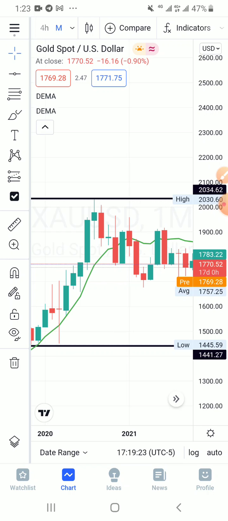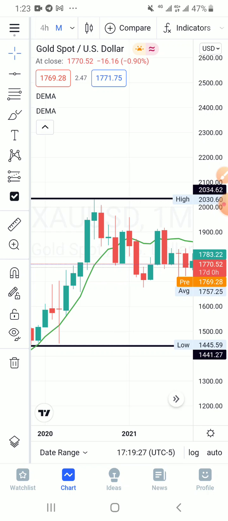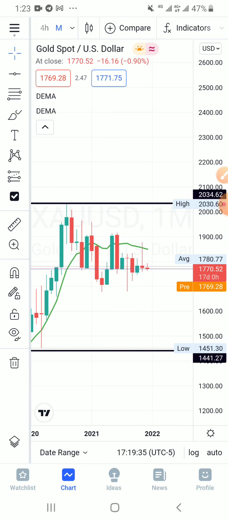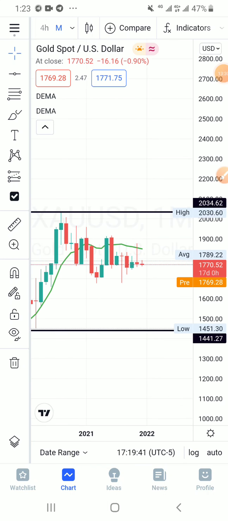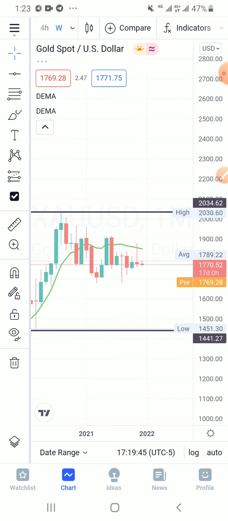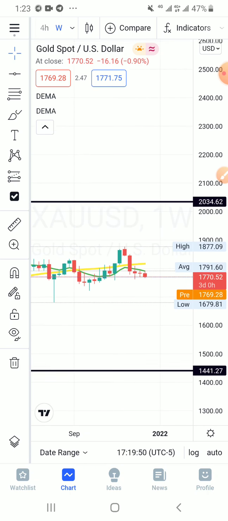Those key factors give us more confirmation in order to take the decision to sell and buy or follow the market structure. So right now we have the high and low of the monthly. So now let us go on weekly and find out the high and low of weekly.